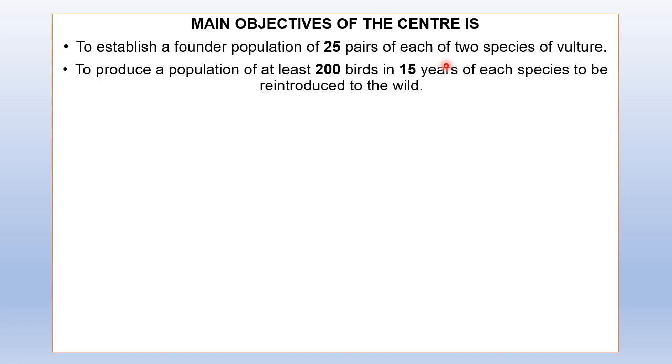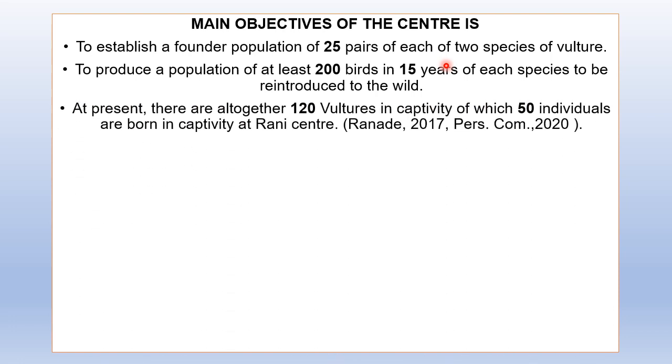Apart from Rani Center, 3 other vulture conservation breeding centers are in India, which are in Haryana, West Bengal, and Madhya Pradesh. At present, there are altogether 120 vultures in captivity, of which 50 individuals are born in captivity at Rani Center.